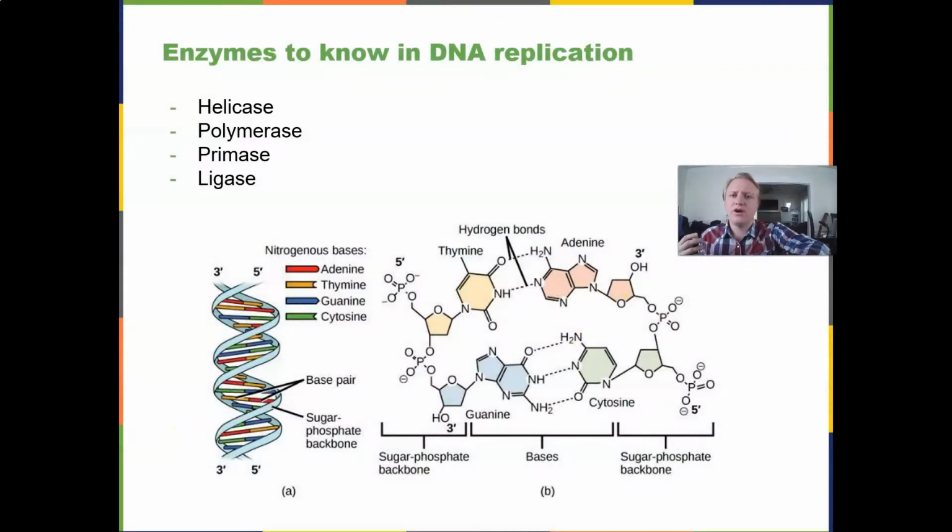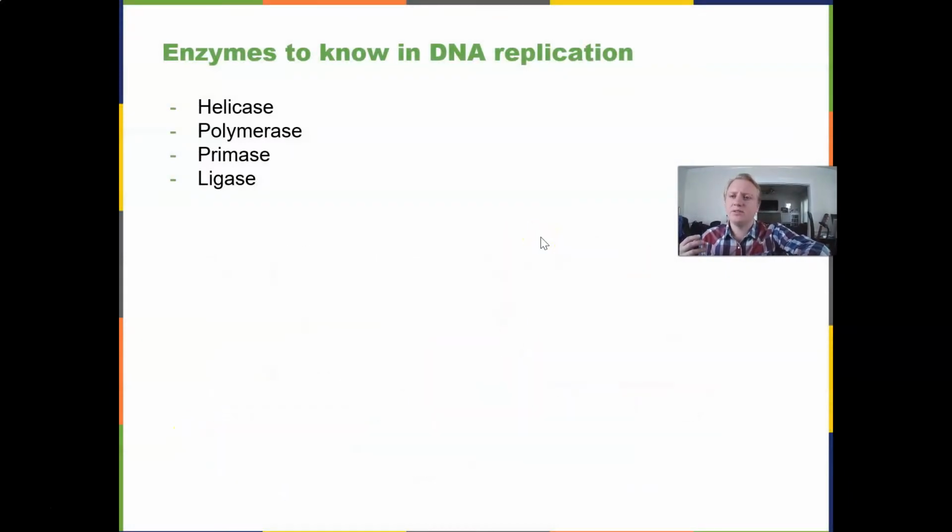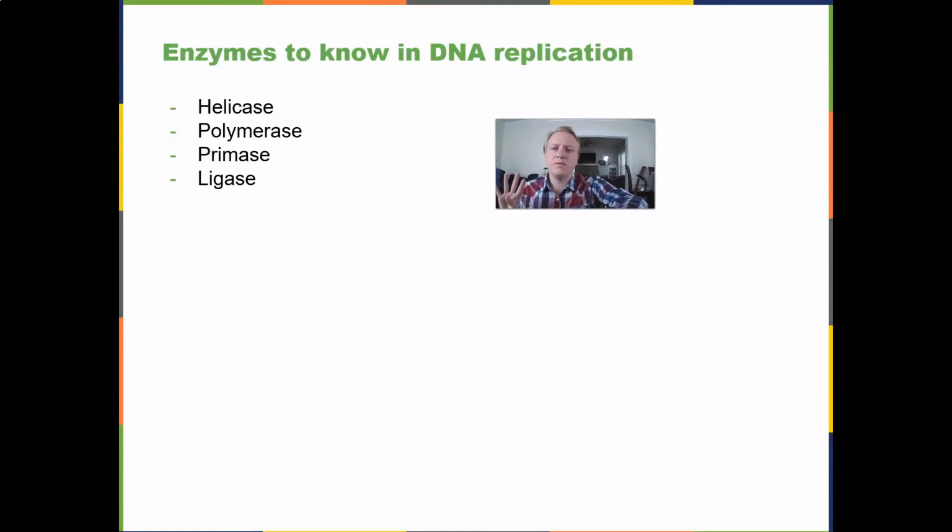So there are a few, let me go back actually. There are 4 principal enzymes about DNA replication specifically that I want you to know. And I'm going to discuss a 5th one, but it's at the very end of DNA replication.